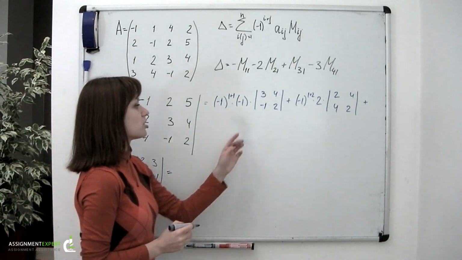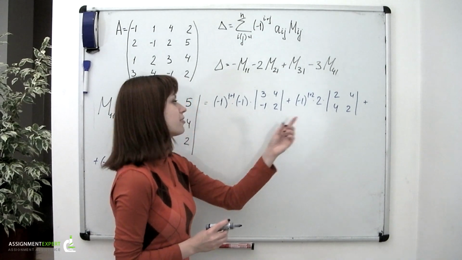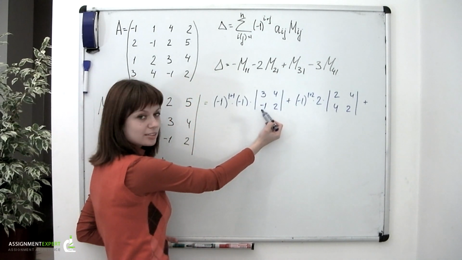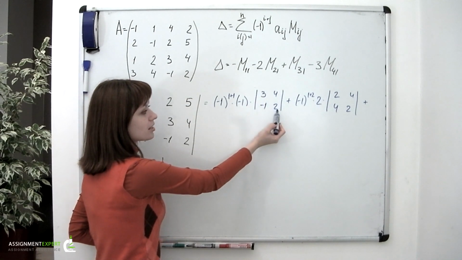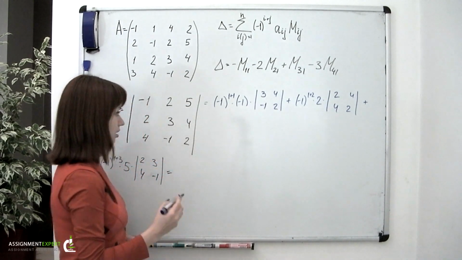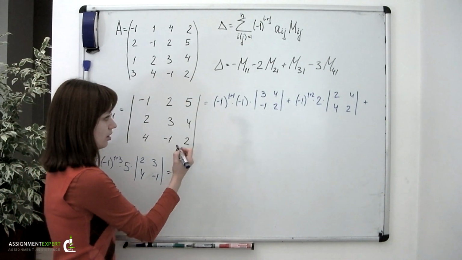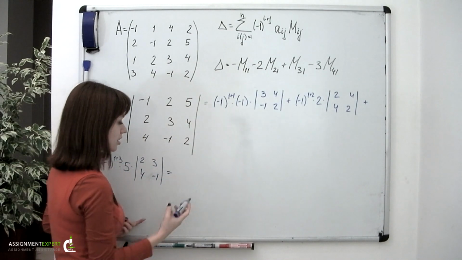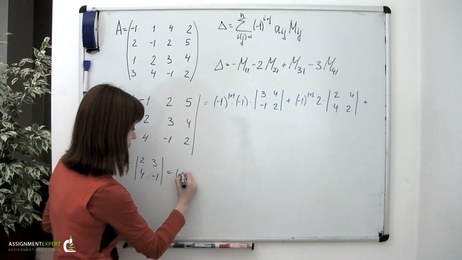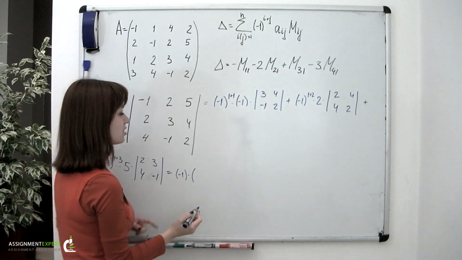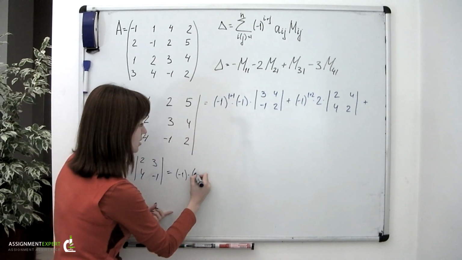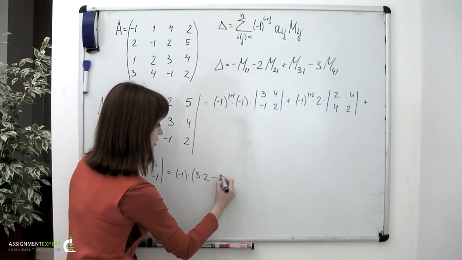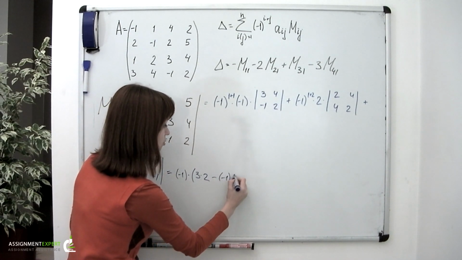We may remember that determinants of the size 2 by 2 are found by subtracting the product of the elements lying on the reverse diagonal from the product of the elements lying on the main diagonal. Let's see. We'll have negative 1 to the second, which is 1, times negative 1, which is negative 1, multiplied by this determinant, which is calculated like this: 3 times 2 minus negative 1 times 4.